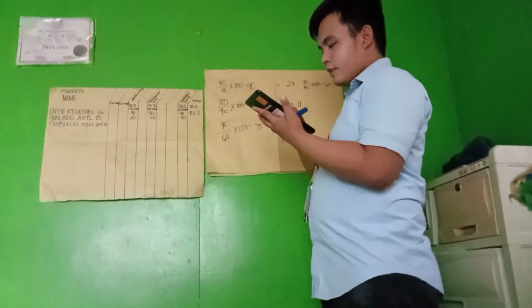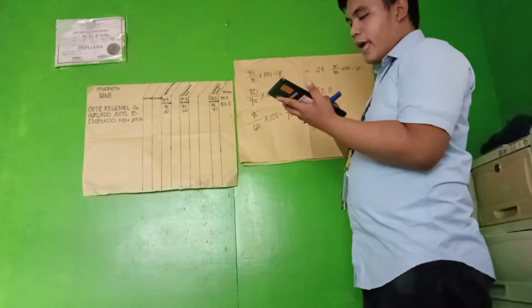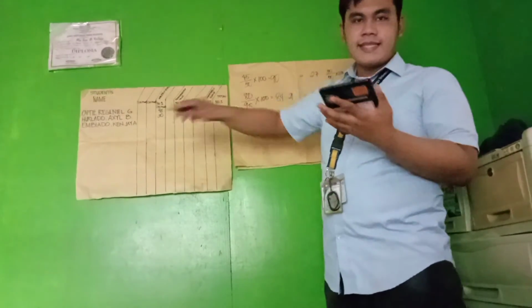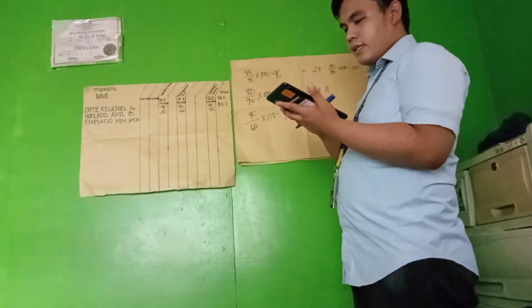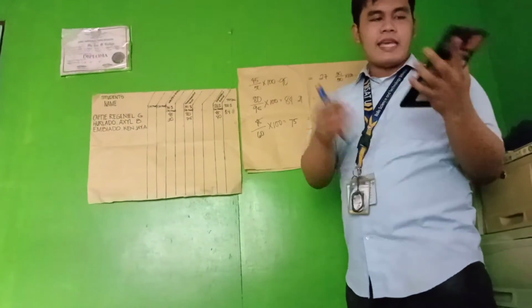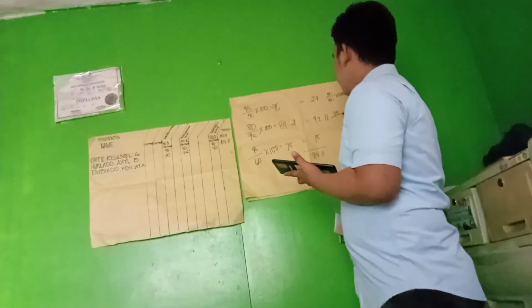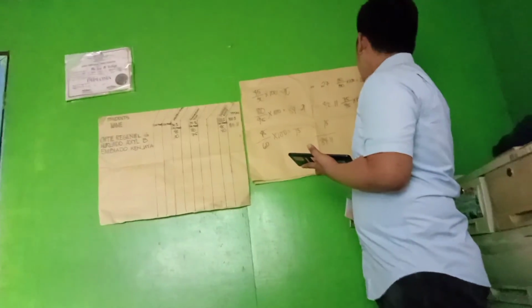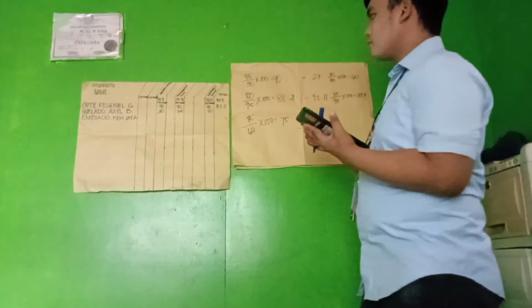Next is his performance task, which is 75 divided by the highest point, 95, multiplied by 100, which is 78.9.